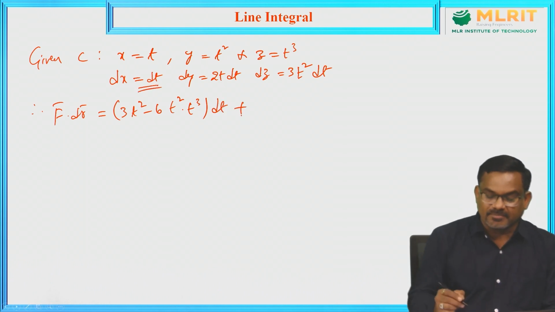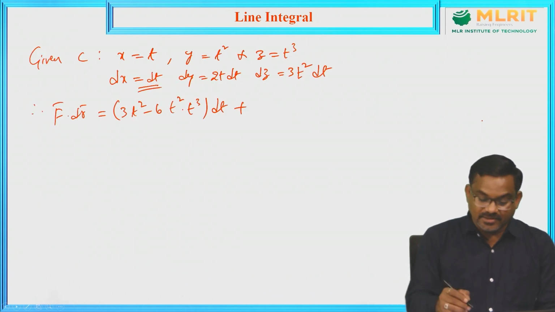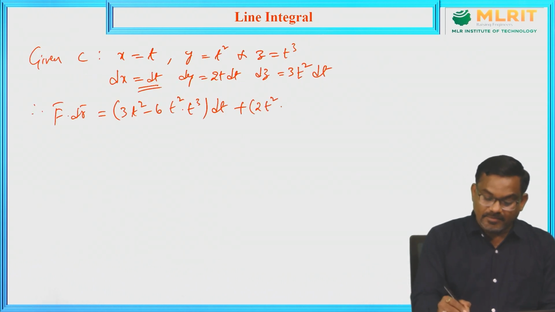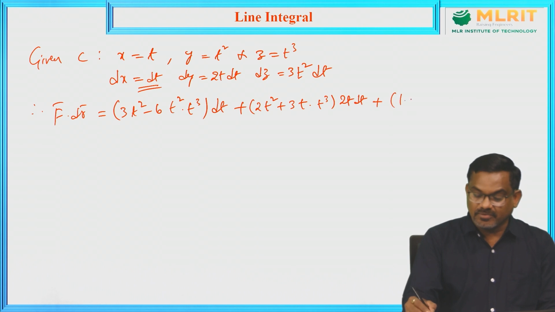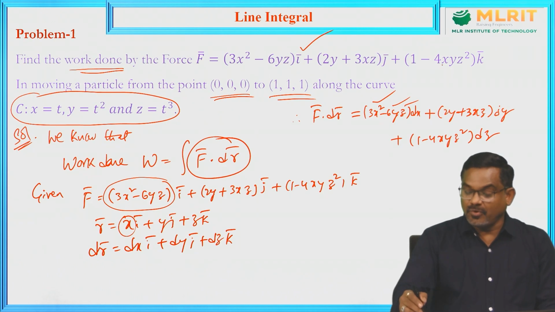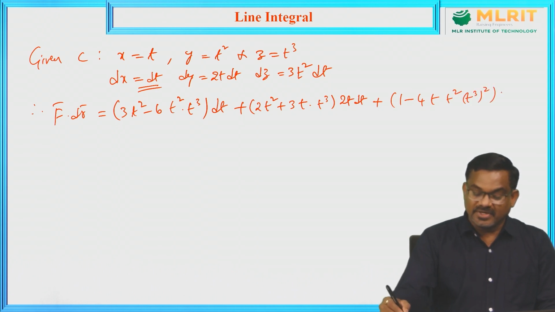This is the first term, plus the second term (2y plus 3xz), dy is 2t dt, plus the last one (1 minus 4xyz square), dz is 3t square dt.